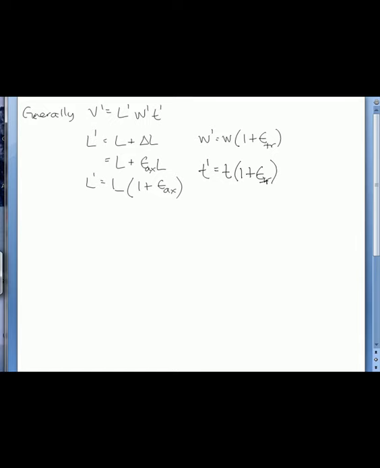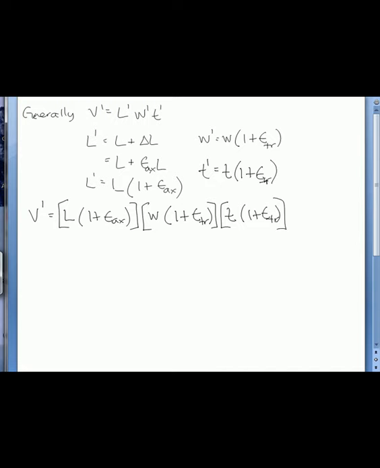Okay, so we can put all of these together and say that we've got the length times 1 plus the axial strain, and we've got the width times 1 plus the transverse strain times the thickness times 1 plus also the transverse strain.